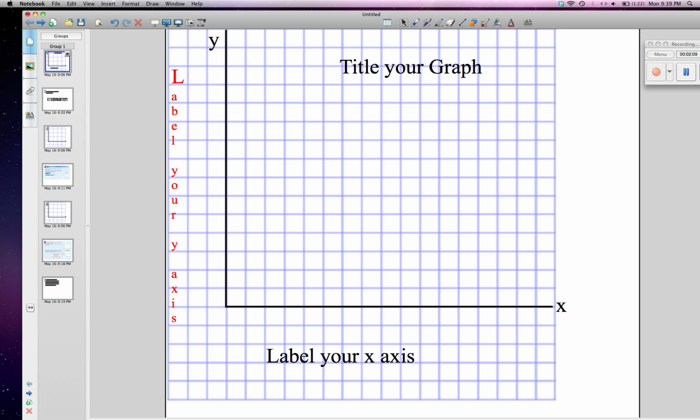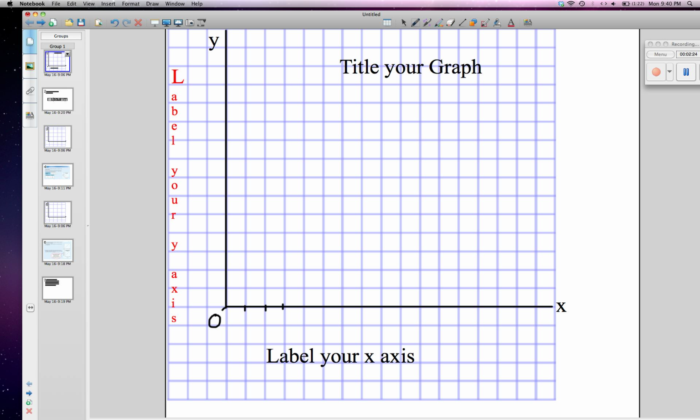So what are we going to do on these graphs? We're going to plot points, coordinate points. If you remember last year, you learned all about the coordinate plane. This is quadrant 1, and everything is going to be positive.